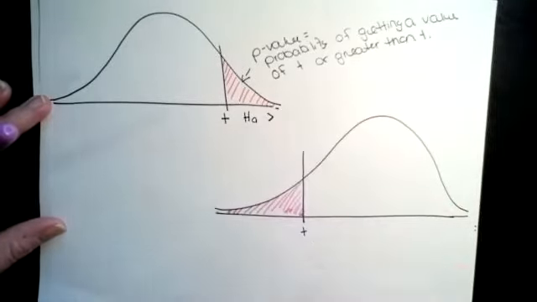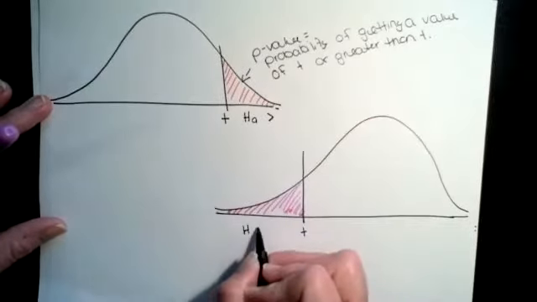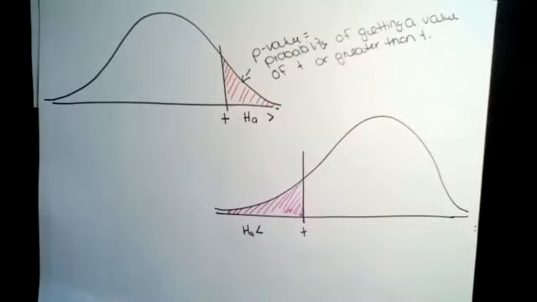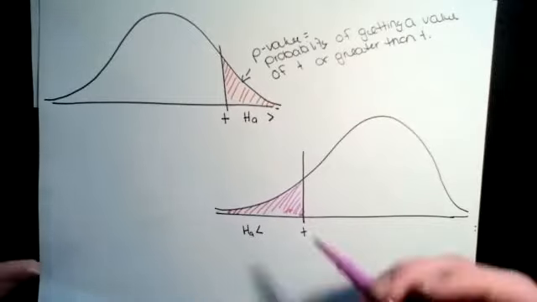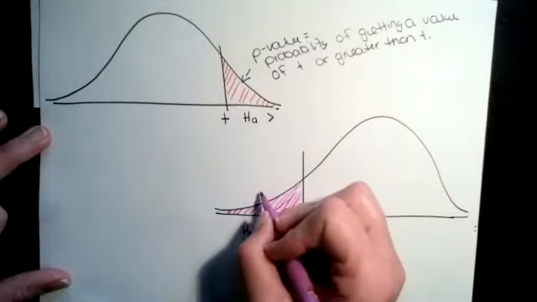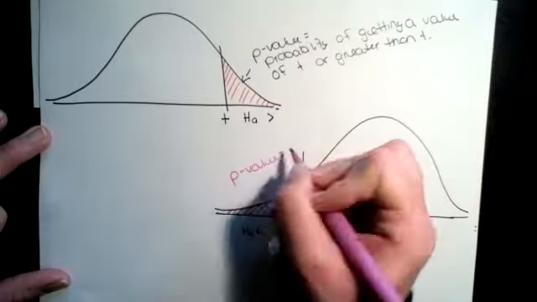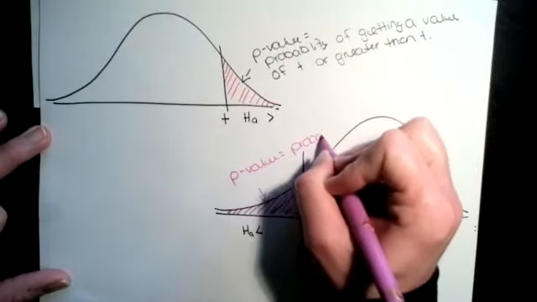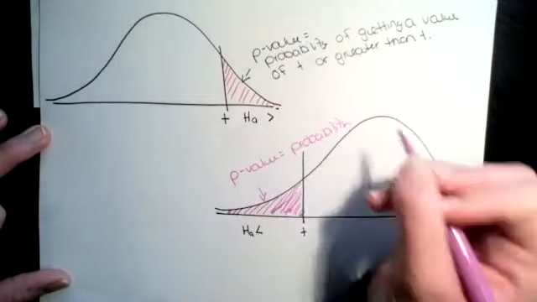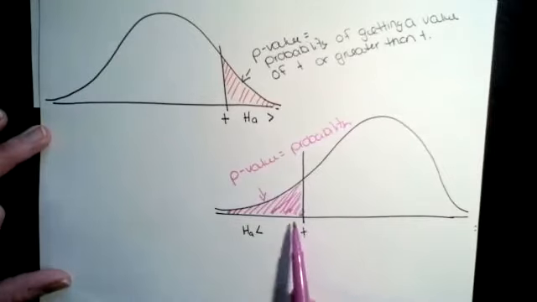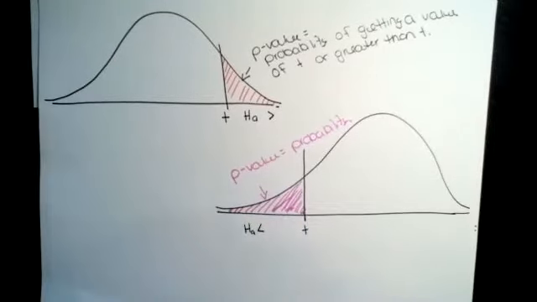HA is a greater than. HA would be a less than symbol. Okay. And we're calculating this. This is my p-value, equals the probability of getting a value of t or smaller than t. Okay. And that's what we're calculating.